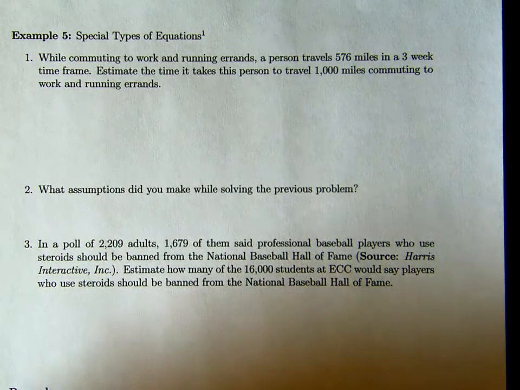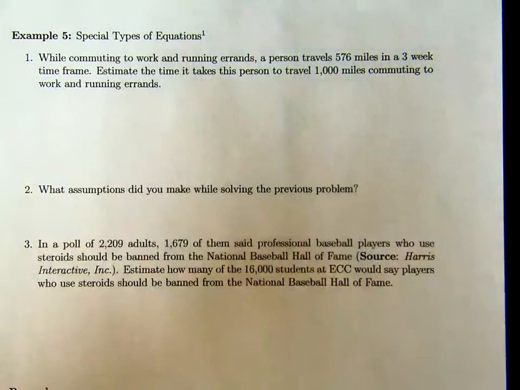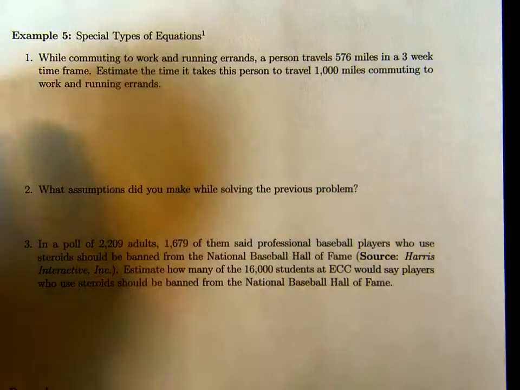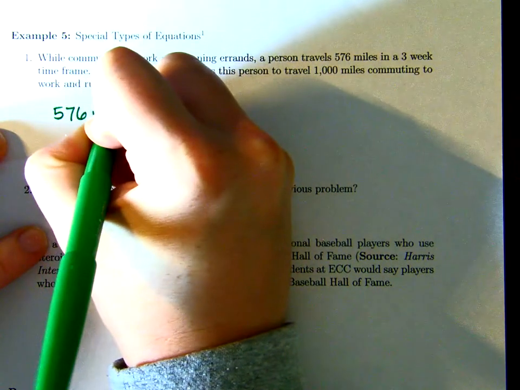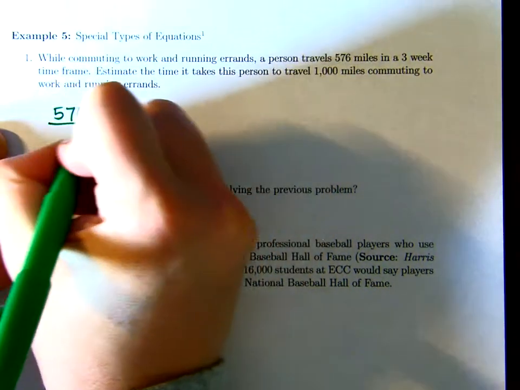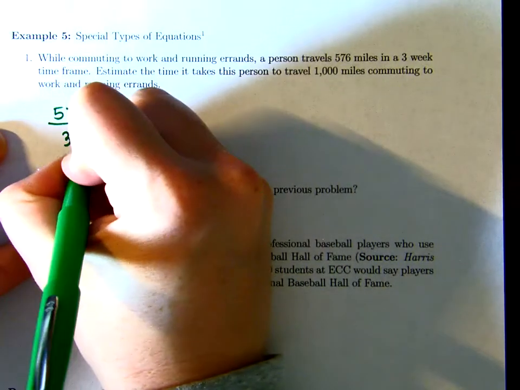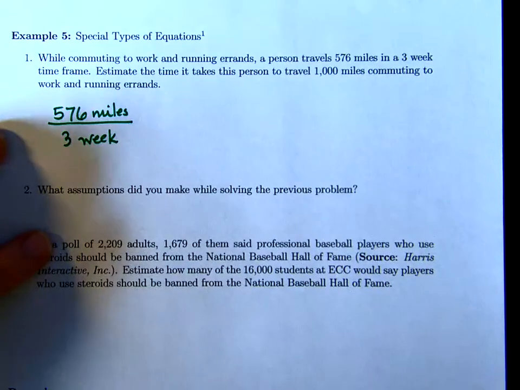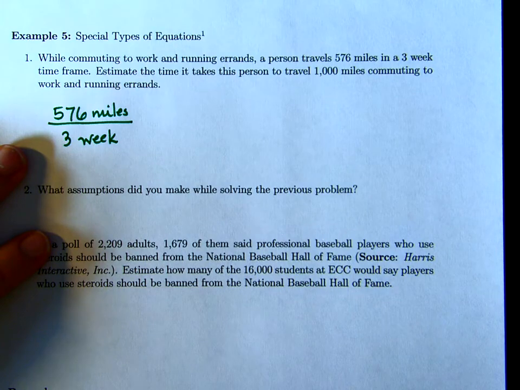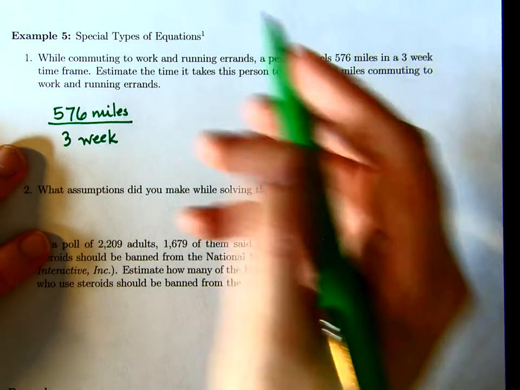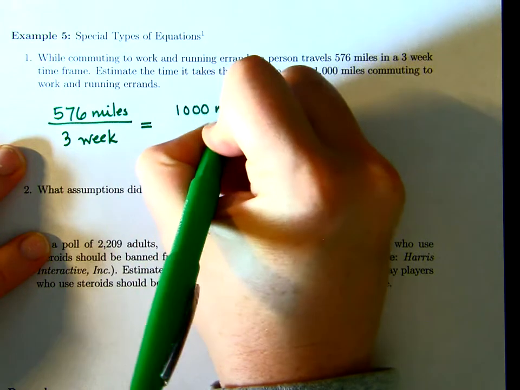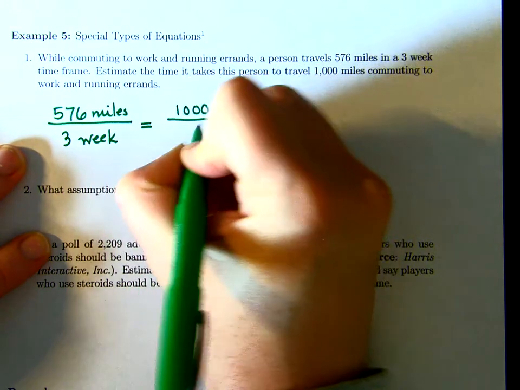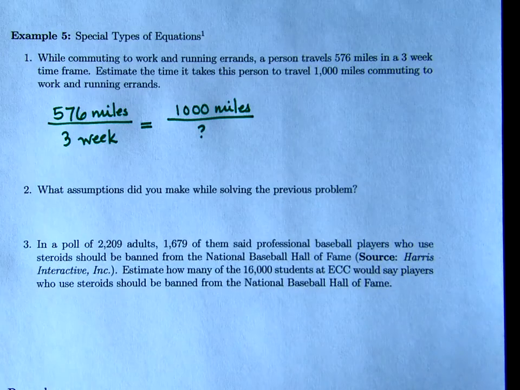We have a ratio of 576 miles in a 3-week time span. And this is asking for 1,000 miles and however many.